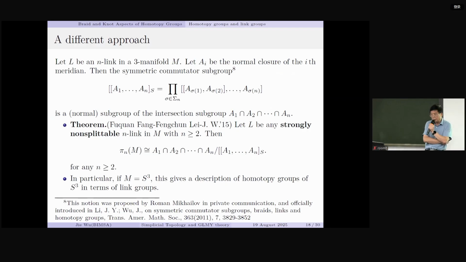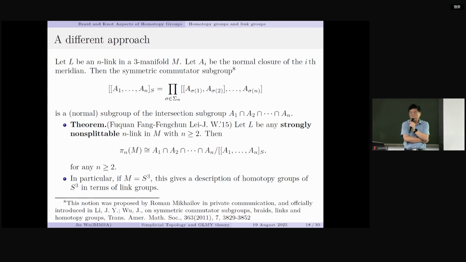Through that direction, you can see that the homotopy group can be exactly connected to the link group, through what you call intersections. Each A_i, you can think of as giving a link. You can look at the normal closure of the i-th meridian, right? So you can ask what is going on for the intersection of subgroups. And then there's another part, the so-called commutators, because the normal closure of A_i means the meridian and its conjugations, the possible conjugations and the generated subgroup, right?